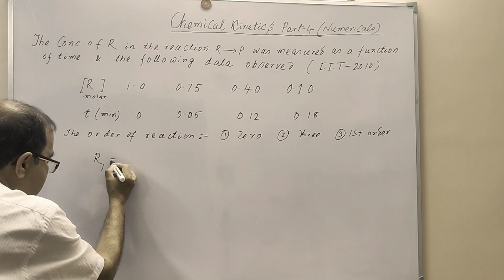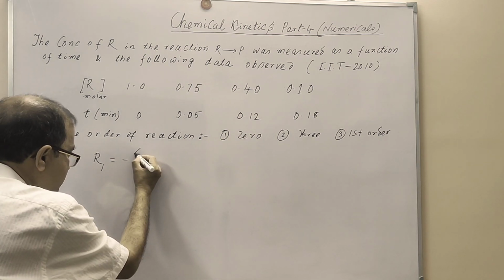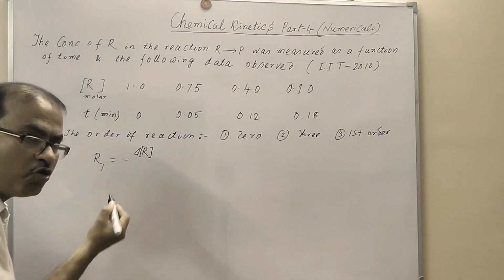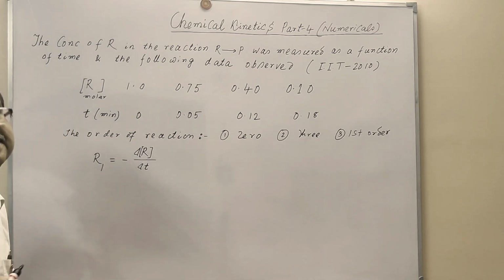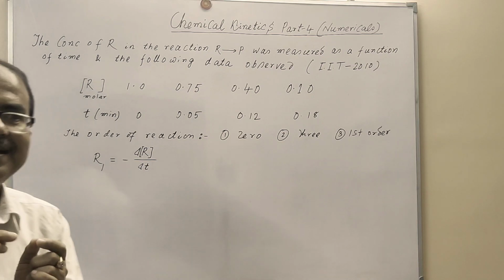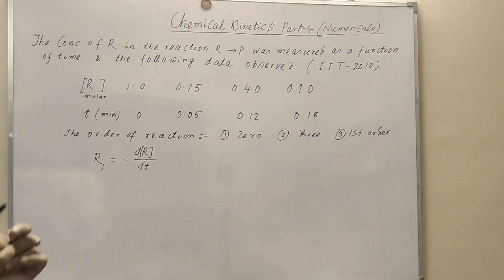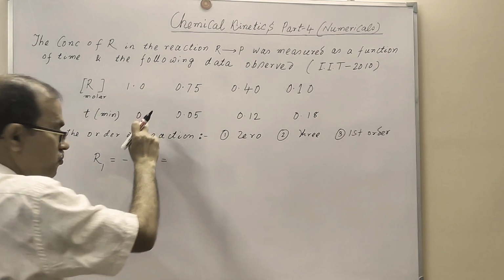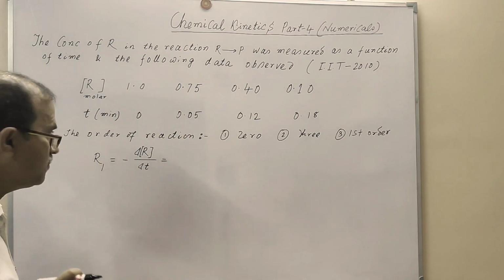So from this data we can calculate the rate of reaction R1. Suppose this is R1, and we know that when we denote the rate of reaction, it is minus delta of R, where the bracket denotes concentration, divided by delta T, the time interval. Which time interval? The one over which the concentration of the reactant has dropped. So in R1, at time T equal to 0 the concentration is 1, but at 0.05 the concentration is 0.75.